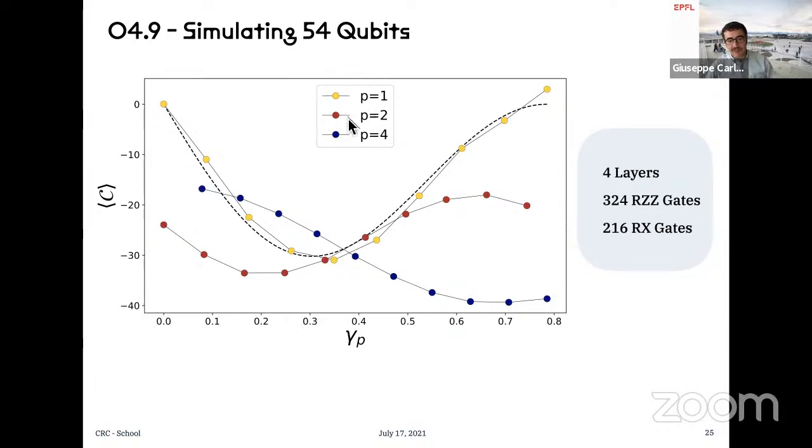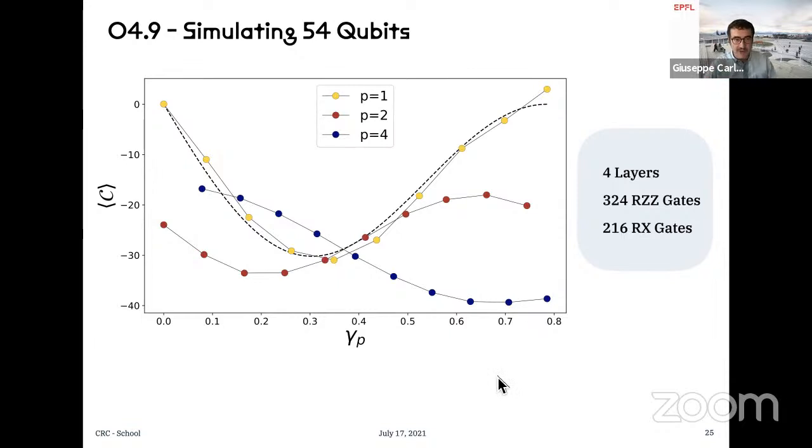Again, we were able to simulate these circuits with 500 gates or so for layers of this QAOA, using essentially a little bit more than a workstation with a GPU. And we estimated the accuracy that we have on the cost function, which is this C here, is pretty high actually.